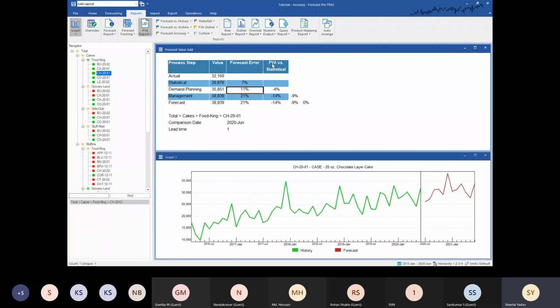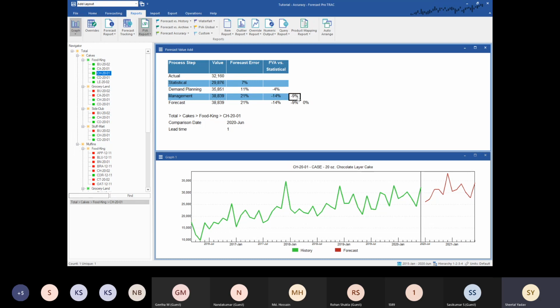So when I look at my value add with respect to statistical, I actually reduced my forecast accuracy. If it had been closer to 32,000, then it would have really improved the overall forecast accuracy. But over here, there was a negative value add from the demand planner. Similarly, from the management, it further increased to 38,000, and that's the reason we can see that with respect to statistical, my forecast error has increased, and it's 14%.